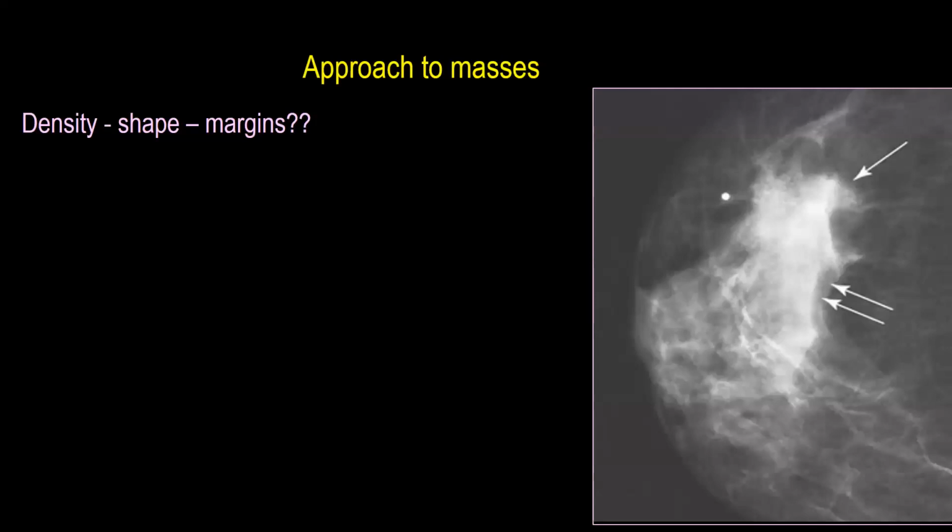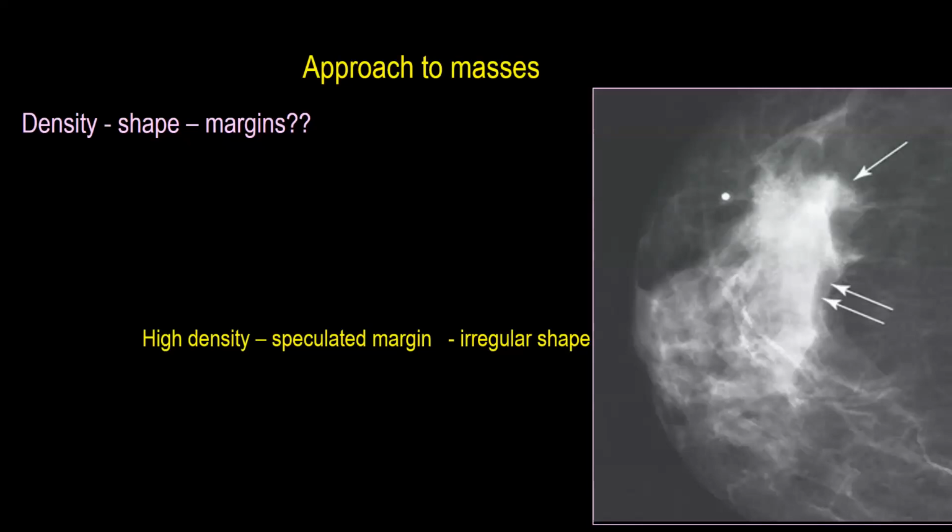So, straightforward now. Density, obviously high. Shape: irregular. Margin: speculated, indistinct and speculated. There is some speculation here.